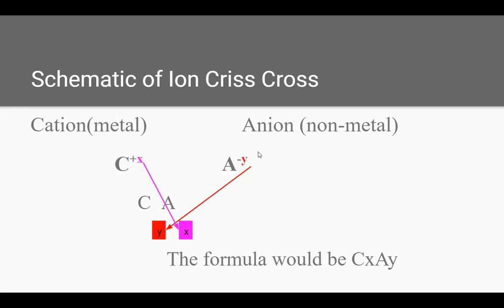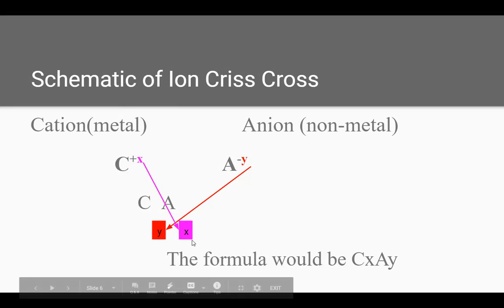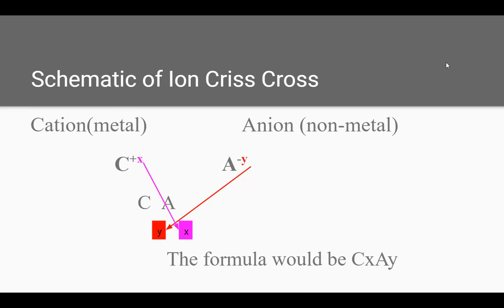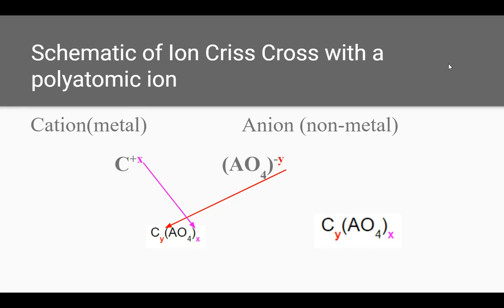If I wanted to write a formula with this single metal and single nonmetal, I would write the cation symbol first and give it the subscript that is the charge number of the anion, and vice versa. That's where the crisscross would come in. So the formula would be CxAy.